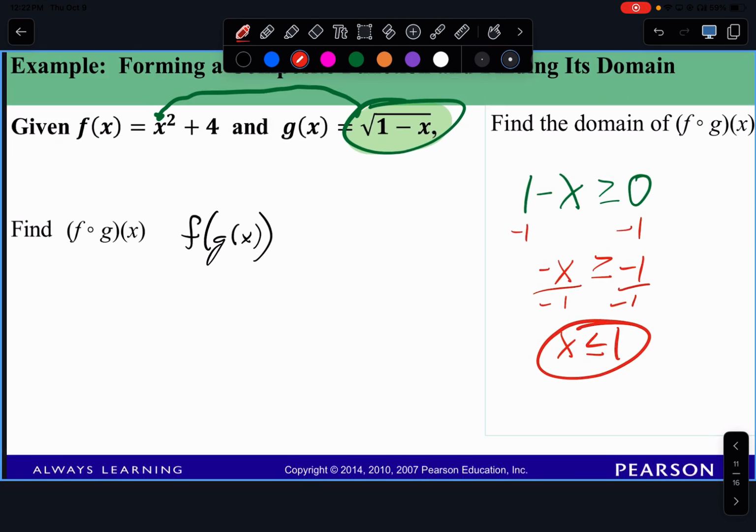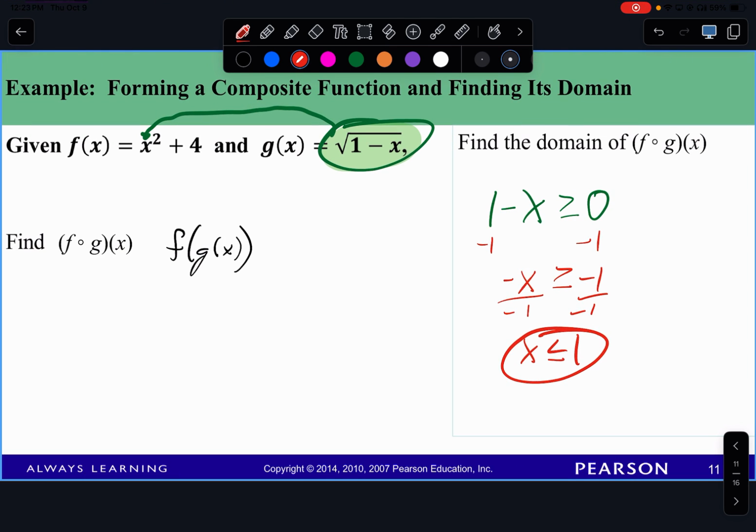Now let's go back and put g of x into f of x. I'm going to take my square root of 1 minus x, squared, plus 4. Remember, the green part is the g of x. The red part is our f of x.